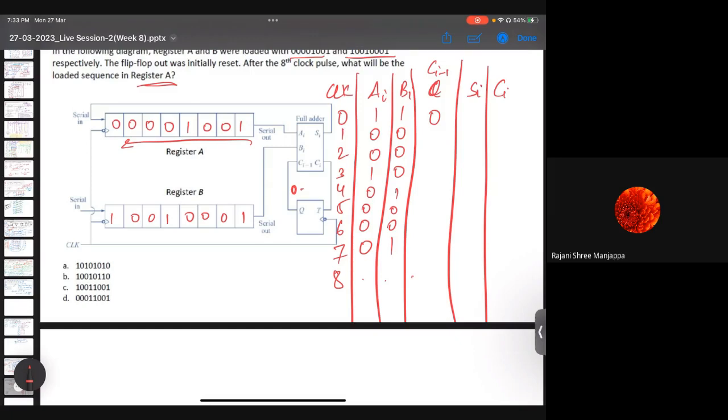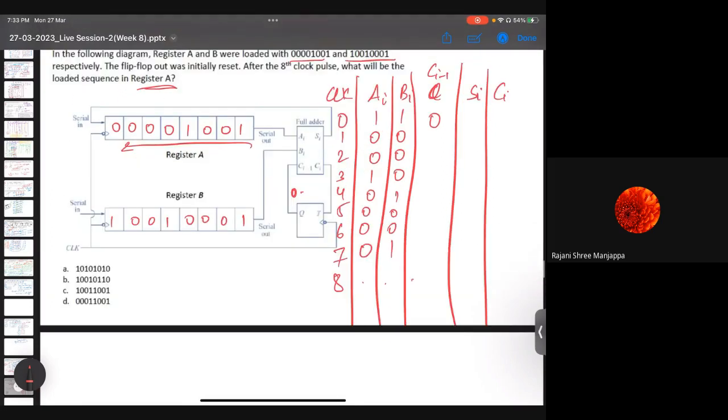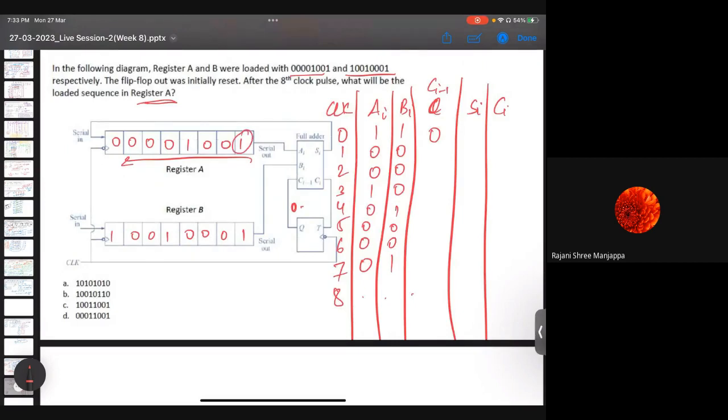Okay. So as you can see, this is a serial output register. What we are getting is in the first clock pulse, this 1 and this 1 will be the input. And then in the second clock pulse, this 0 and this 0 will be the input. Okay, so I should write this as 1. Wait, my bad. In the first clock, 3, 4, 5, 6, 7, 8. So now you can relate how this A and B work. I've just written A in the backward sense here and B in the backward sense here. Is it fine now?